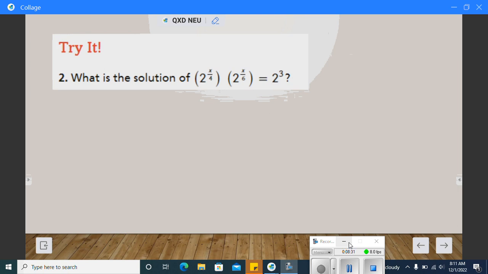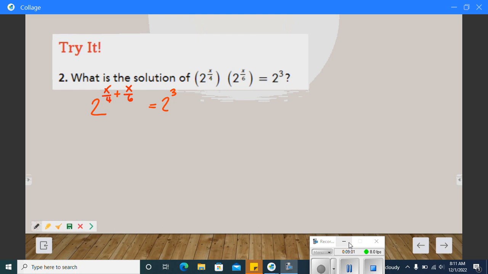Next, here, what is the solution of 2 to the power of x over 4 multiplied by 2 to the power of x over 6 is equal to 2 to the power of 3? Again, we are going to write this one: 2 to the power of x over 4 plus x over 6 is equal to 2 to the power of 3.